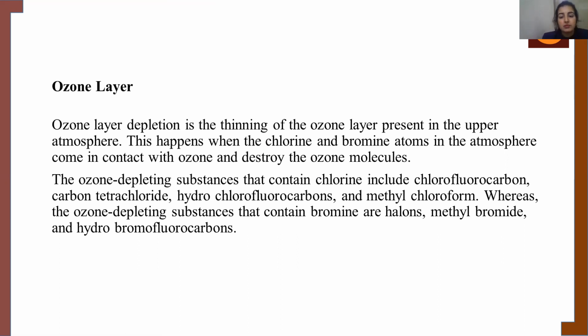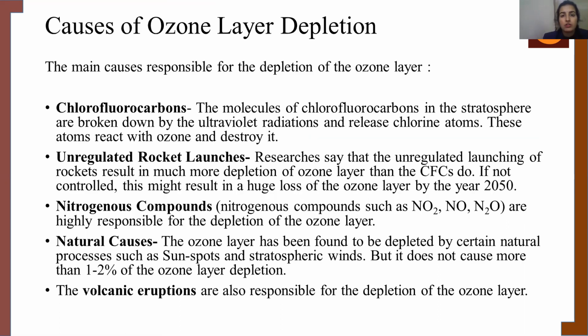And we will look into each a little more. Causes of ozone layer depletion: the main responsible causes are the chlorofluorocarbons, unregulated rocket launches, nitrogen compounds, natural causes, and also volcanic eruption.